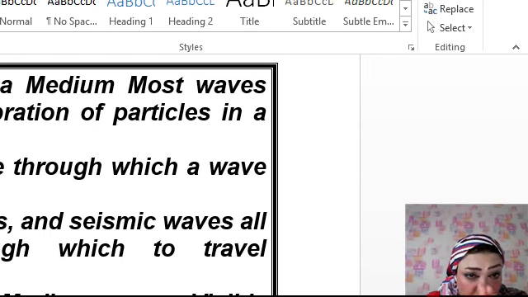Okay, so again, if I ask you to compare between waves according to medium, you will tell me that there are two types of waves: mechanical waves that need a medium to travel through, and electromagnetic waves that don't need a medium to travel through.